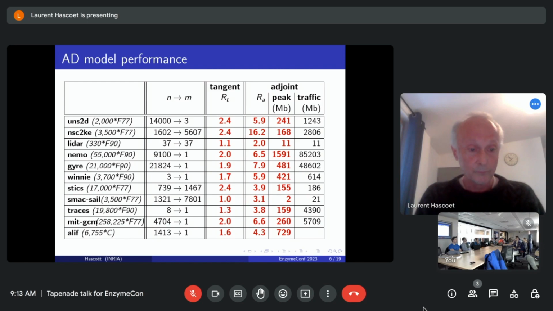If you look at the last but one line, for example, it's the largest example on this set. It's the MIT GCM in one configuration, of course. You see that I think we can be pretty happy with the slowdowns, which are comparable with another reference tool, which is called TAF.